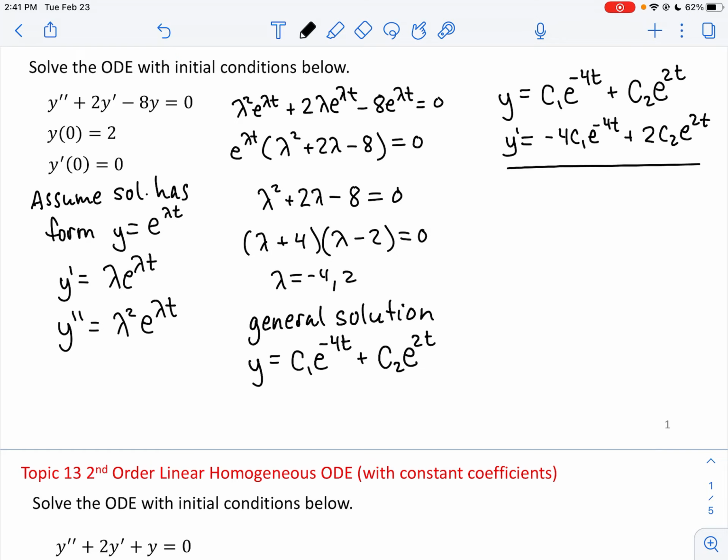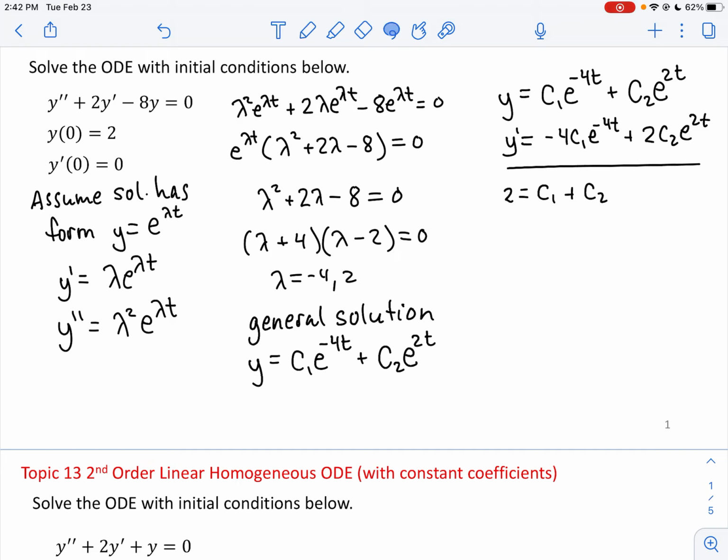Now I'm going to plug in 0 for t. I'm going to do the first equation right here, plug in 0 for t, and 2 for y to satisfy this data point right there. So we get 2 is equal to c1 times e to the 0, which is times 1, plus c2 times e to the 0, which is just times 1.